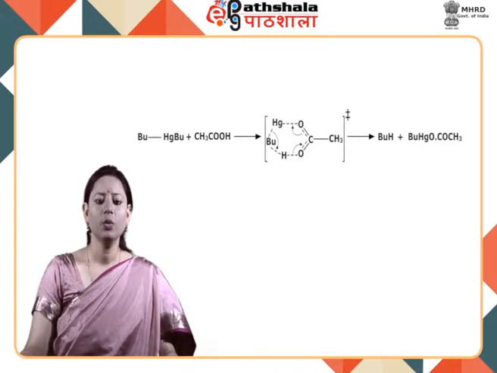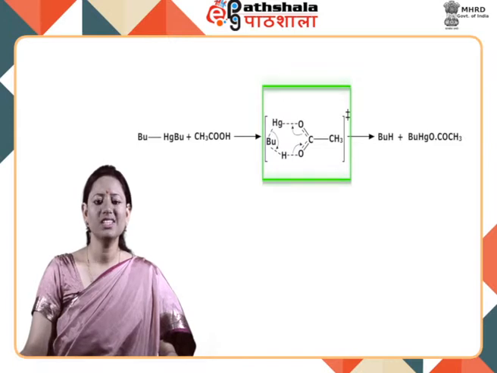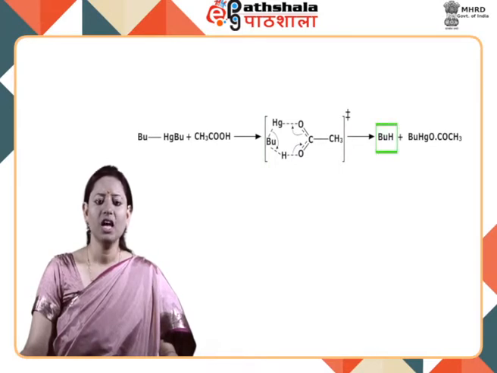Dibutyl mercury with acetic acid reacts to form a 6-membered cyclic transition state to give butane. This reaction proceeds with retention of configuration.